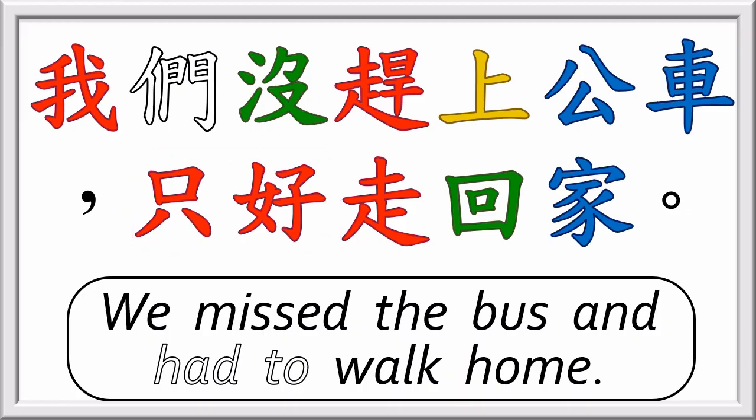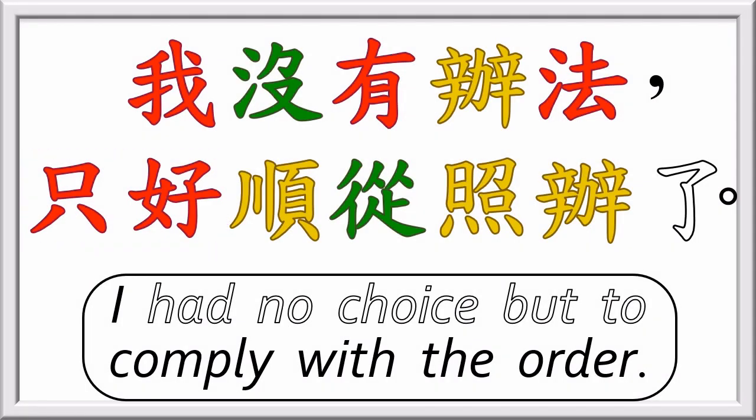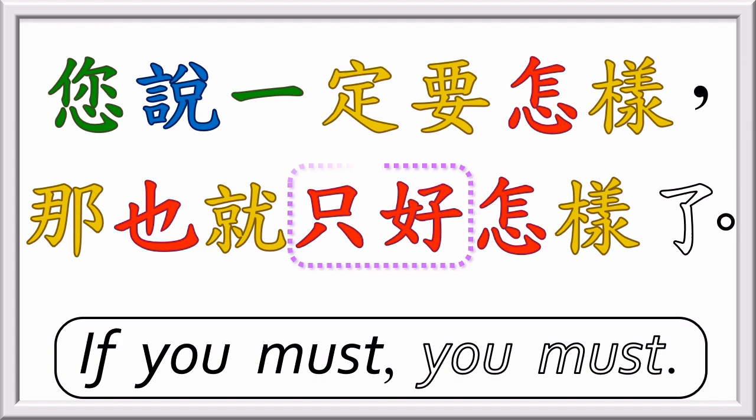We missed the bus and had to walk home. 我没办法，只好顺从照办了. I had no choice but to comply with the order. 看在高薪的份上，他只好在国外生活. The high salary reconciled him to living abroad. 您说一定要怎样，那也就只好怎样了。If you must, you must.